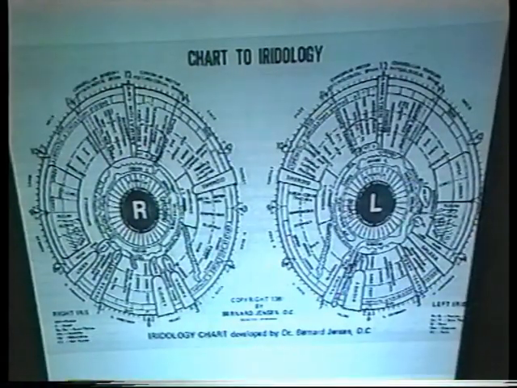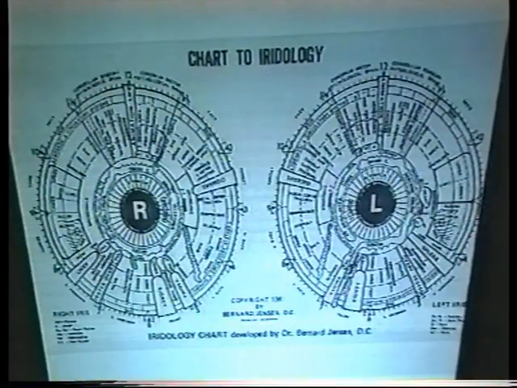Now, I should say that the analysis of iris patterns is not new. It goes back about three millennia to the time of Entope in the Old Empire in Egypt. And over the years, the science of iridology developed, which could interpret your future, your personality, and indeed the state of health of each of your internal organs.